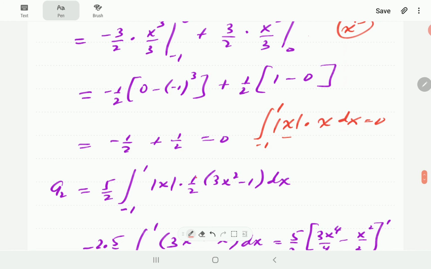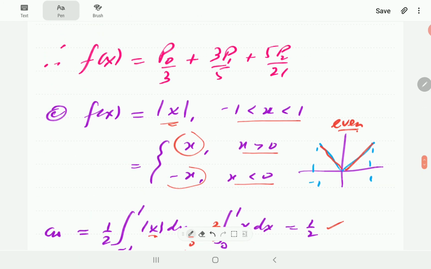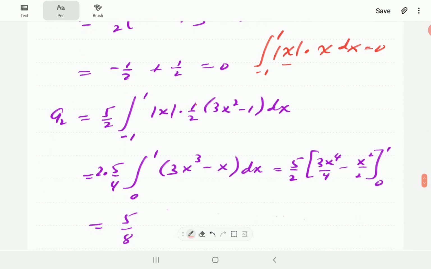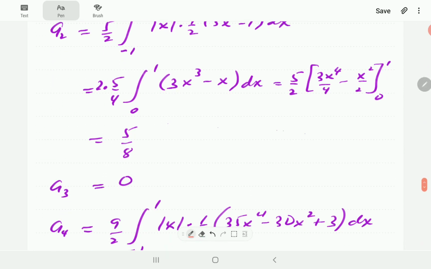In fact, if the function of interest is even, then when you represent it in terms of Legendre polynomials, only the even polynomials will contribute. If the function on the other hand is odd, then you can't use even polynomials to create an odd function. Any linear combination of even polynomials is going to be another even function. So on that account, a3 is going to be 0.